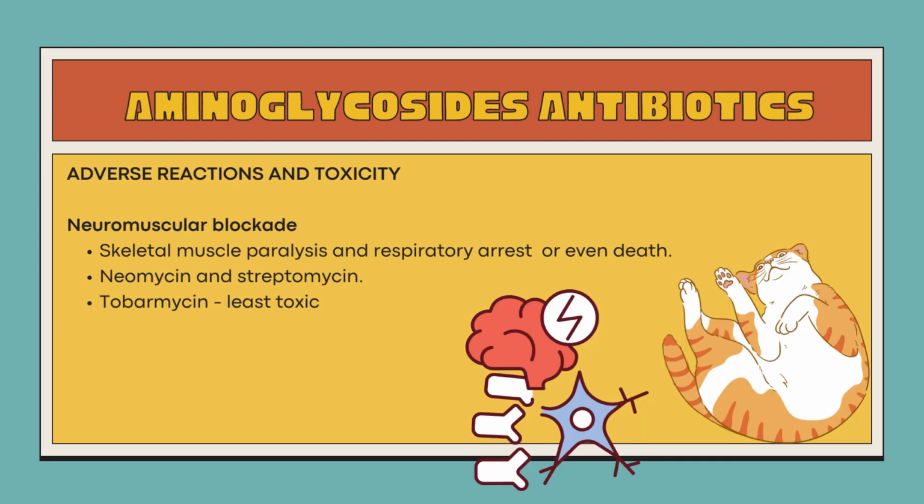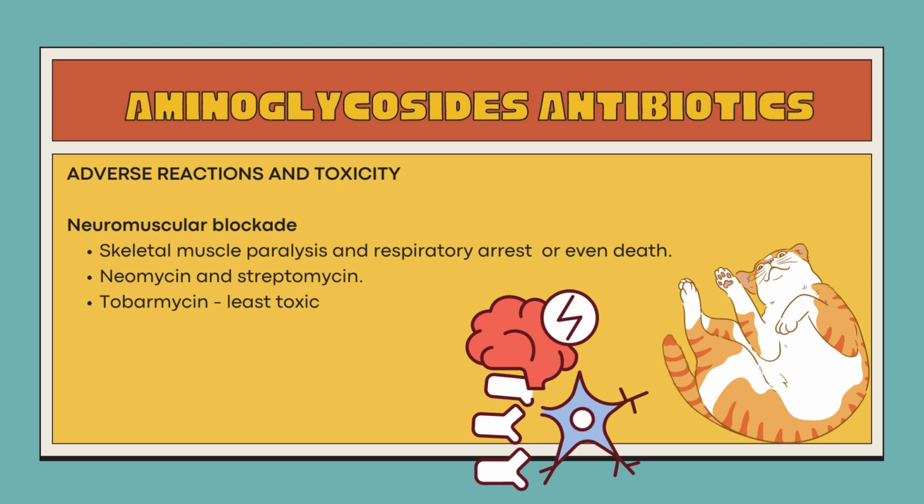Following that, we have neuromuscular blockade. High doses of aminoglycosides may cause neuromuscular blockade due to chelation of calcium and reduction of acetylcholine release from the motor nerve endings, resulting in skeletal muscle paralysis and respiratory arrest, which may even lead to death.